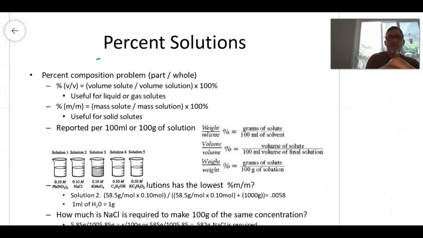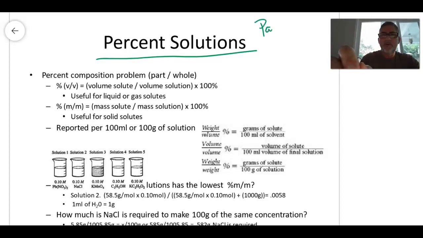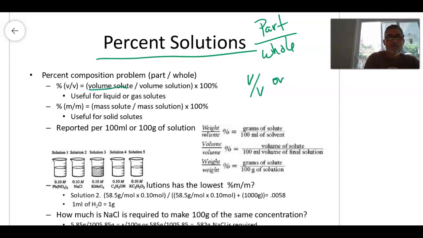All right, percent solutions. Last one. A percent solution, a percent is just a part over the whole. That's an easy way to think about percent. It can either be V over V, or volume over volume.